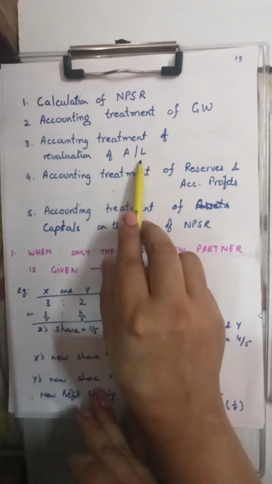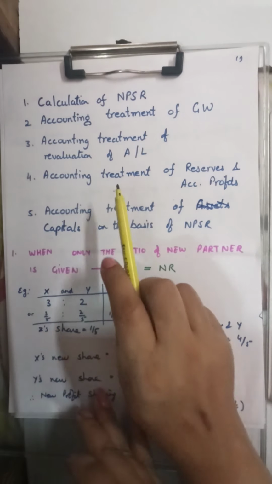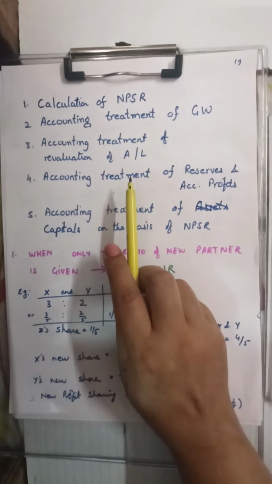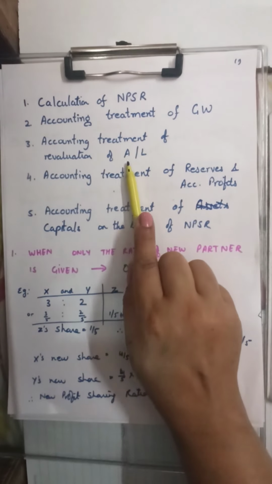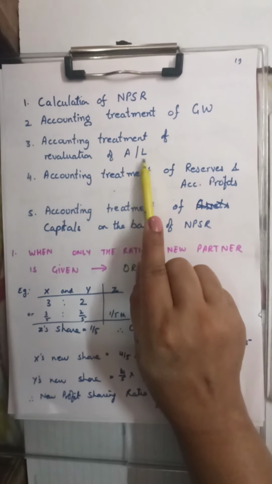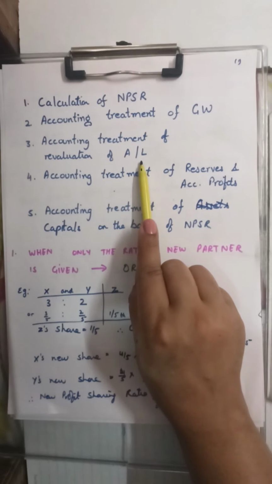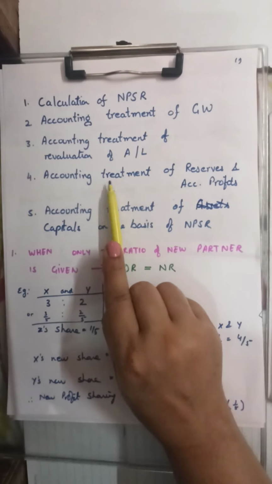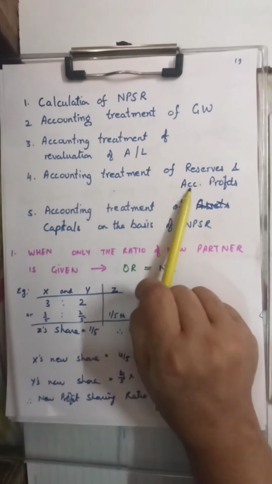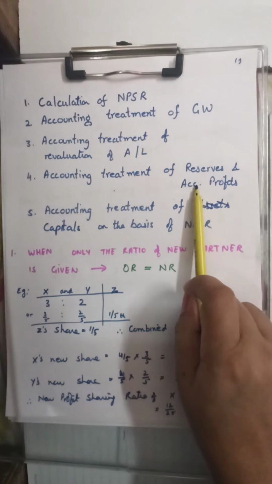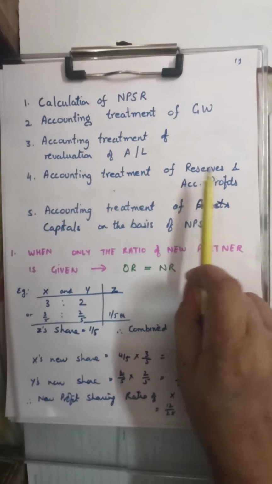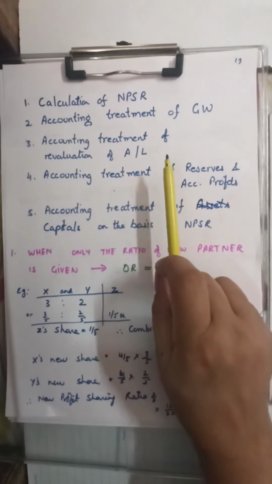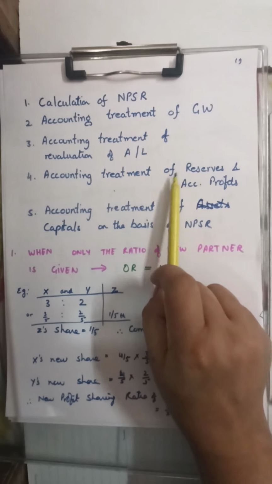Whenever there is a change in the mode of partnership, the assets and liabilities always have to be reconstituted, always have to be revalued. Then there is a very important adjustment, that is the treatment of reserves and accumulated profits. All the undistributed profits and the reserves are also given accounting treatment.